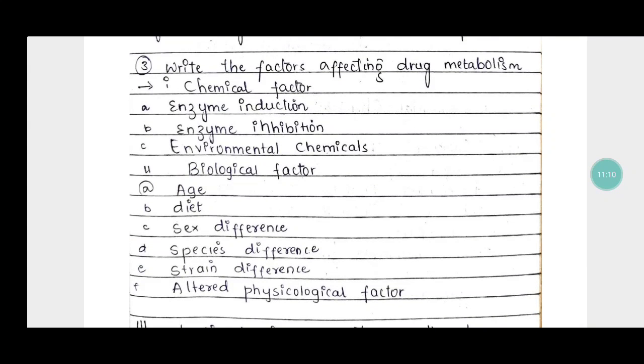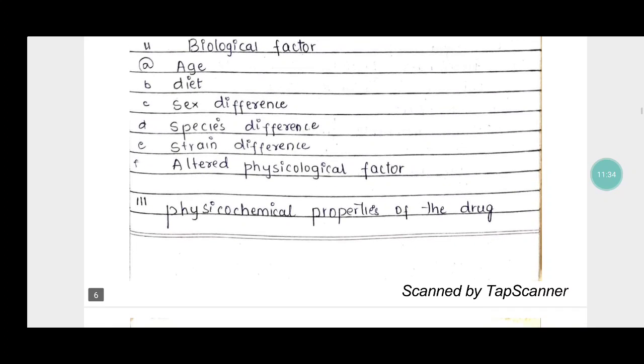The chemical factors consist of sub-parts: enzyme induction, enzyme inhibition, and environmental chemicals. The biological factors include age, diet, sex difference, species difference, strain difference, and altered physiological factors.